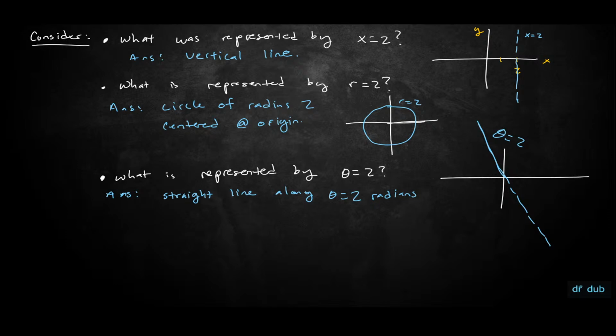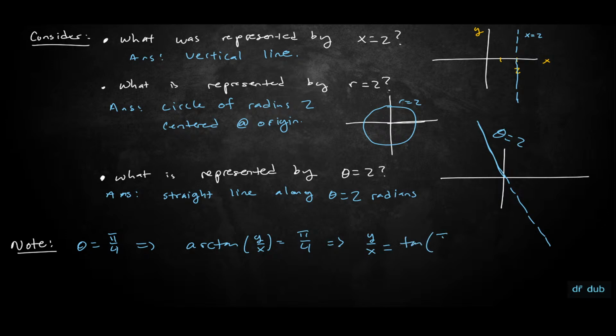I do want to highlight one thing specifically. Note, if we had theta equals pi over 4, well, that would say that arctan y over x was equal to pi over 4. And so that would mean that y over x would equal tangent of pi over 4. And so y would equal x, because tangent of pi over 4 is 1.